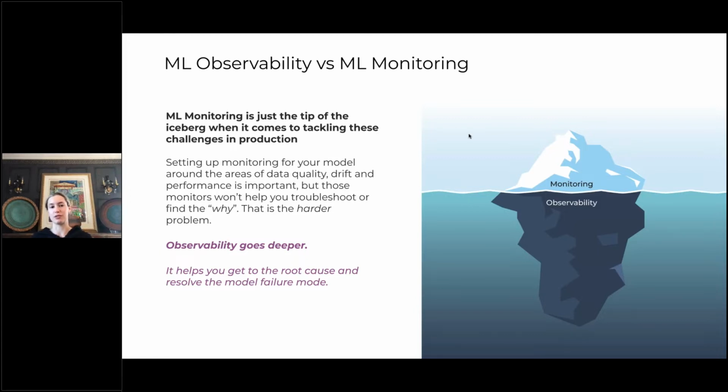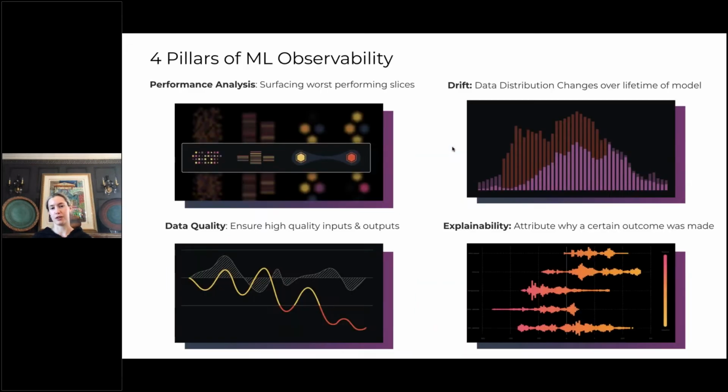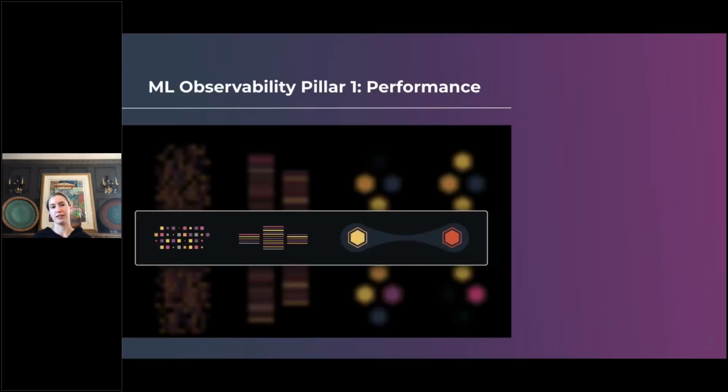So needing ML observability, it will take you that step further and help you actually root cause and resolve the model. So the four pillars we're going to talk about today are performance analysis, drift, data quality, and explainability. We're going to start with performance.